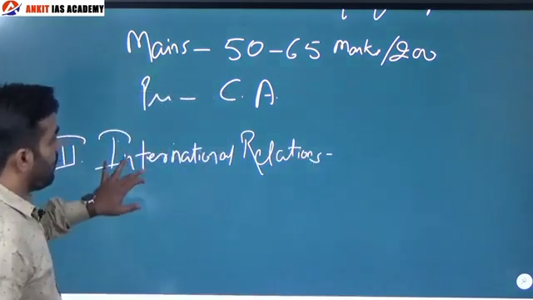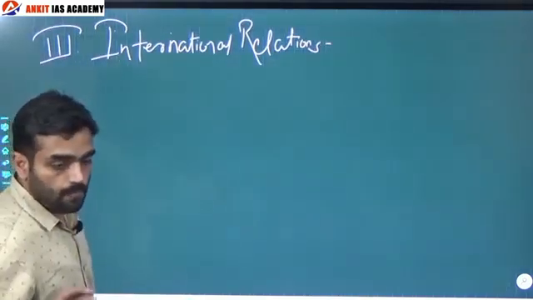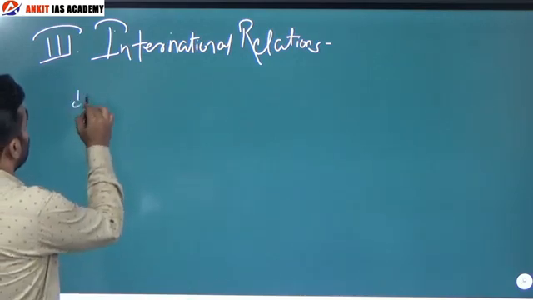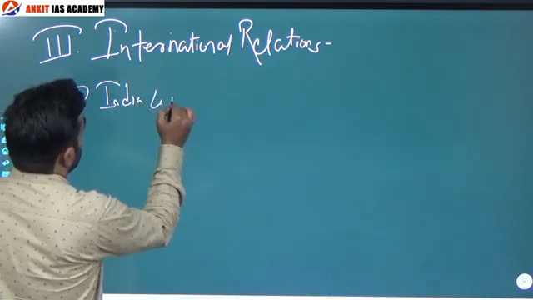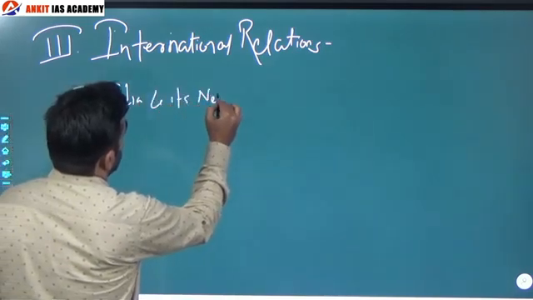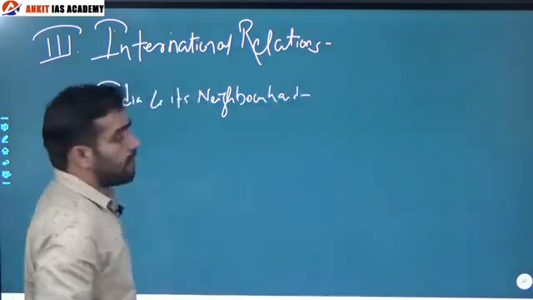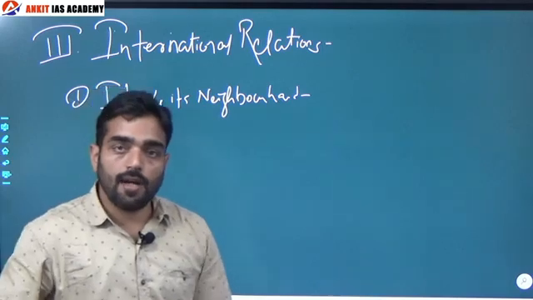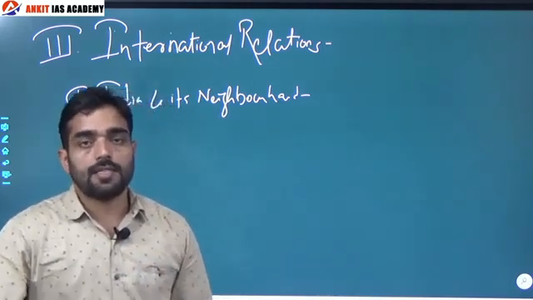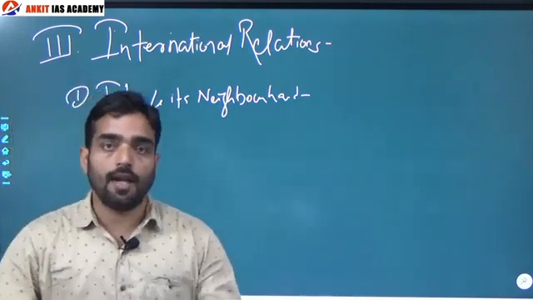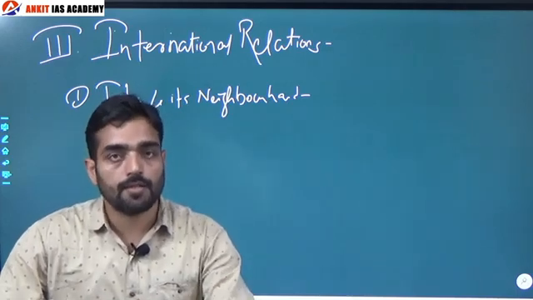In international relations, the first part is India and its neighborhood. There are 7-8 countries around India, and India has adopted a neighbor first policy. So there is China, Pakistan, Afghanistan, Bangladesh, Sri Lanka, Maldives, Bhutan, Nepal, Myanmar. So these are neighbors of India.